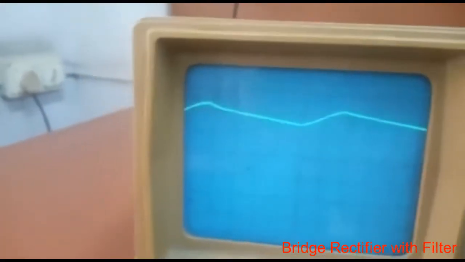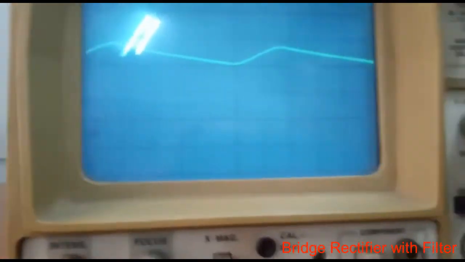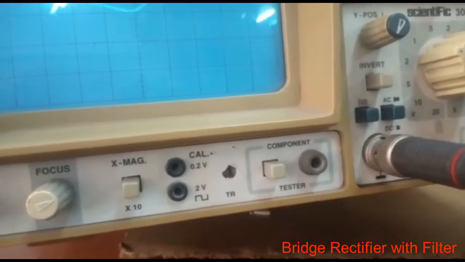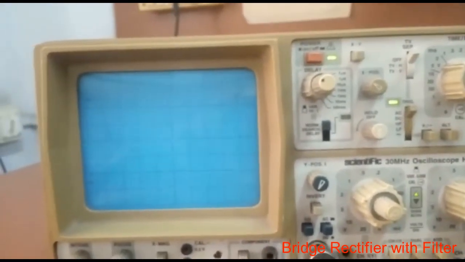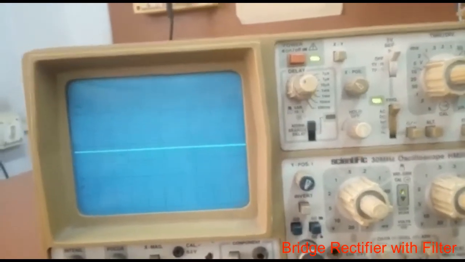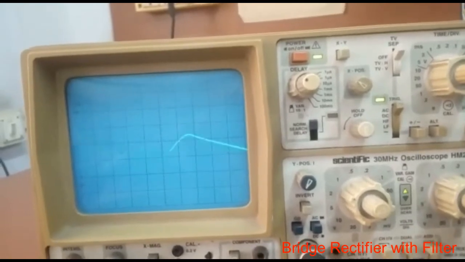This is the filter output, near about 1.5 volt. This is the DC level, and this is the filter output.